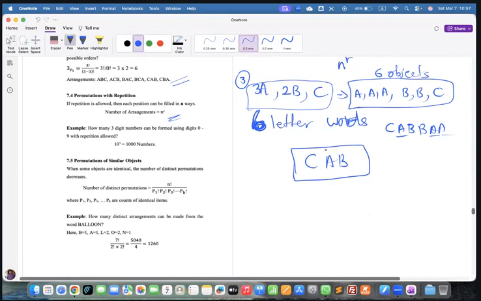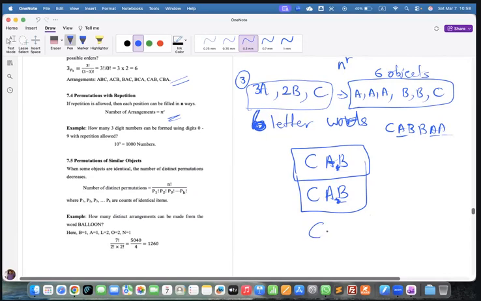Let's say this is A1, this is A2. But if you hide A1, A2, both words are the same. CAB means the same word. It will not be impacted by which A we are taking. The word is the same word.